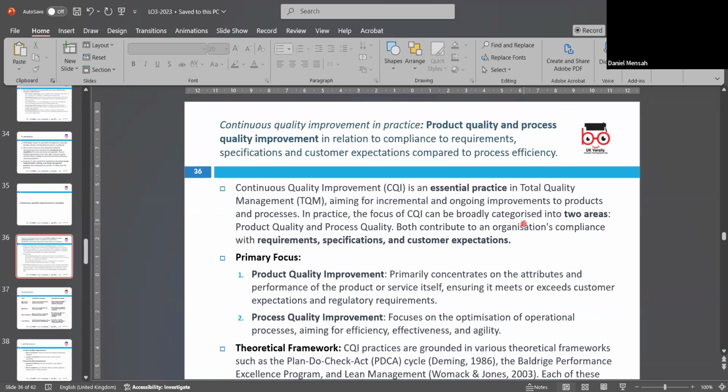In the field of continuous quality improvement and in the field of operation management, product quality and process quality improvement is very important.